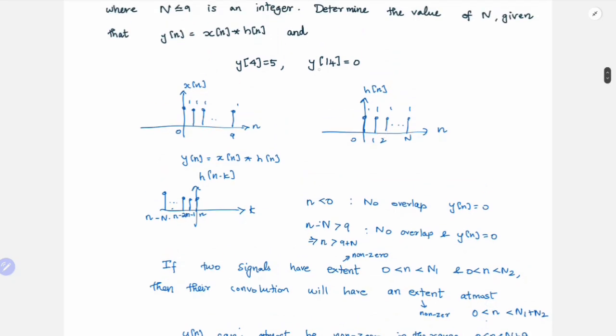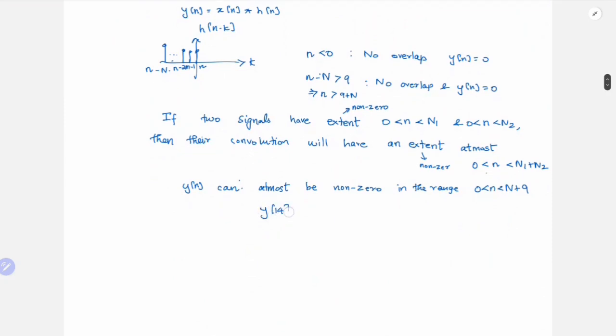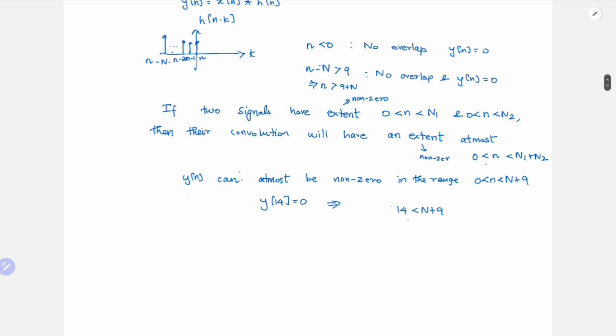But what they have given is y of 14 is equal to 0. So y of 14 equal to 0 implies that, if 14 were in the range 0 to N plus 9, it would be non-zero, but I want it equal to 0, meaning your 14 should be greater than this range, right? So your N should be less than 5, correct?